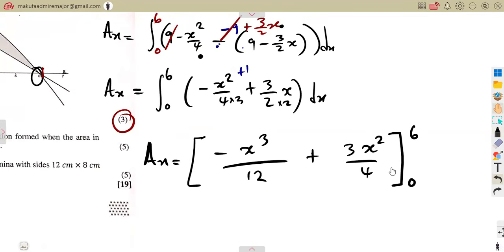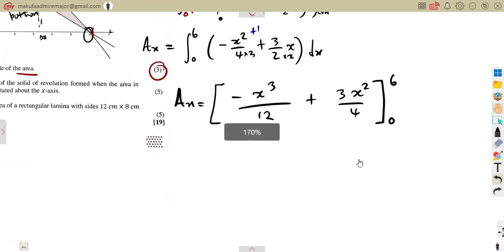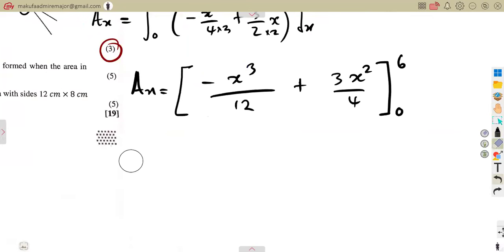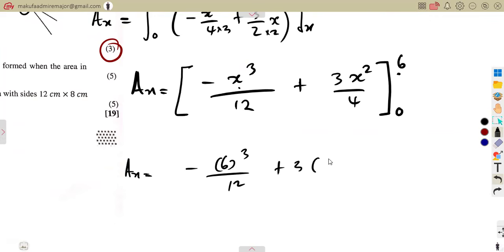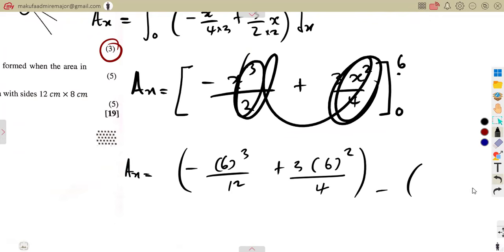Okay, upper limit minus the lower limit concept. In place of x, we are going to substitute the first part, our upper limit. That is 6. So that's negative 6 to the exponent of 3 over 12 plus 3 into 6 squared over 4. So we've got our upper limit minus, by just looking, there's a 0 here.